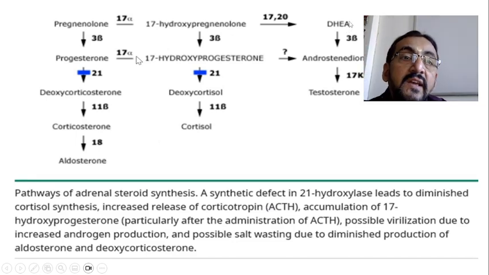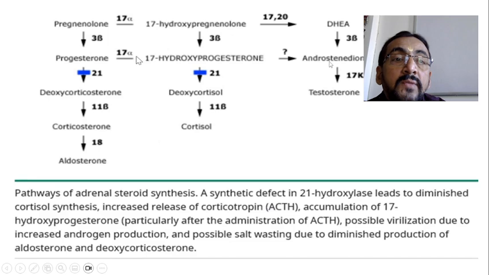Once the DHEA is formed, it is further converted into androstenedione, and this androstenedione is further converted into testosterone, and this testosterone is now converted into estradiol, or from the androstenedione directly estrone is formed, and from the estrone again the estradiol is formed.